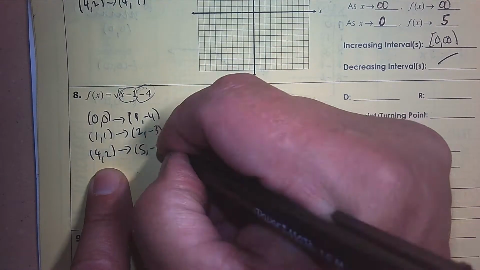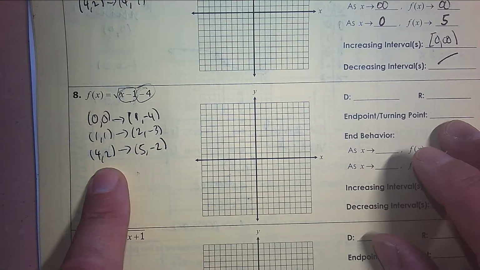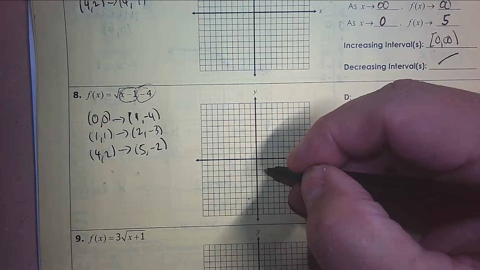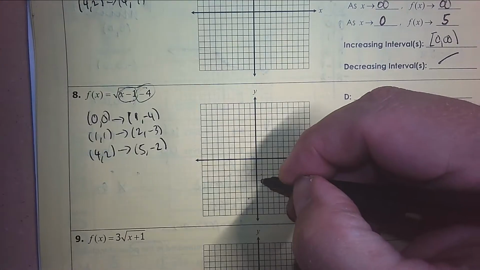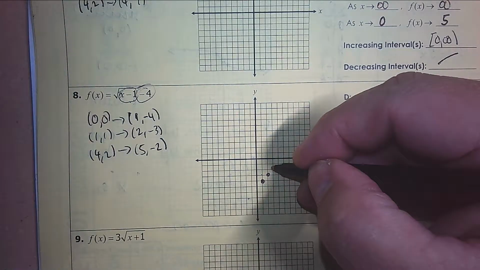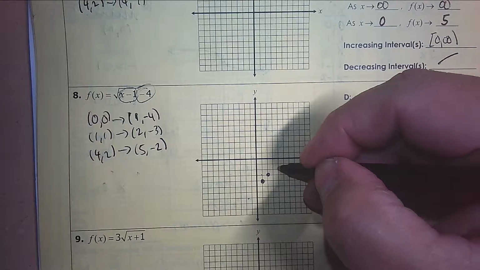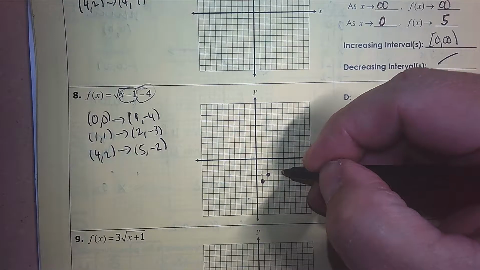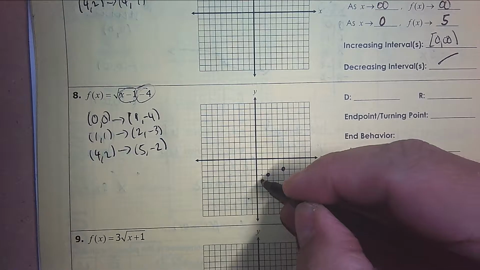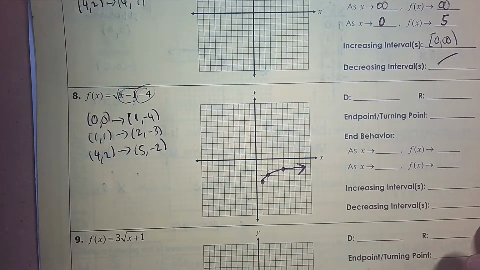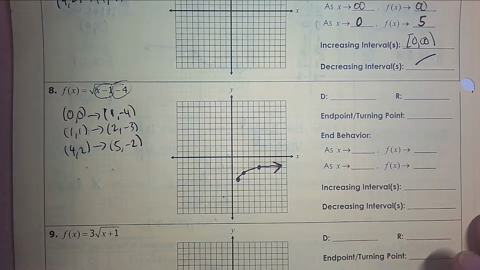I'm going to subtract 4 to all the y's. Can you make your curve using those 3 points?